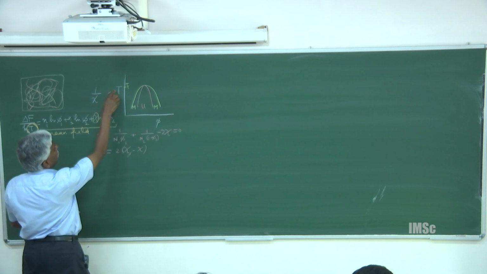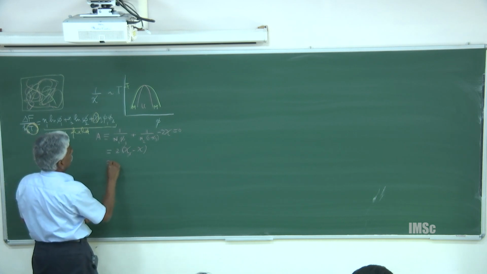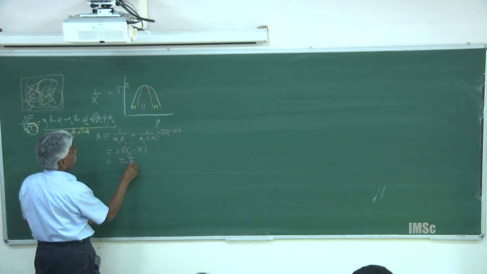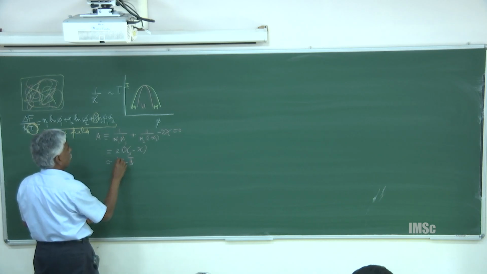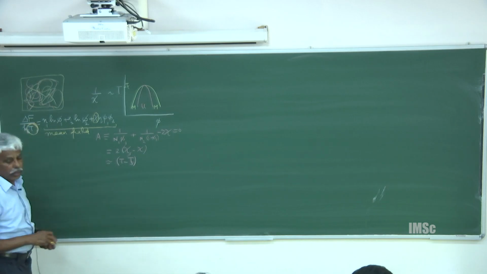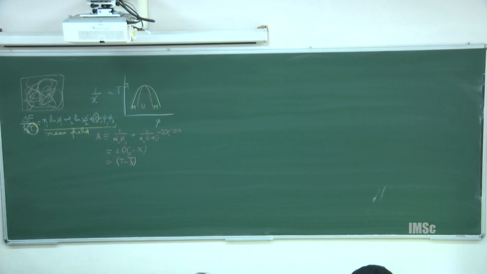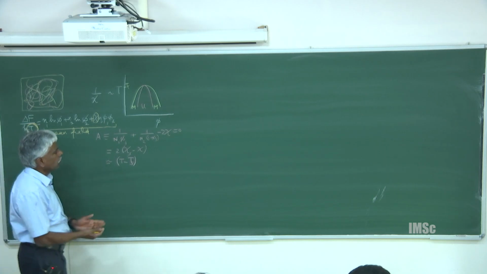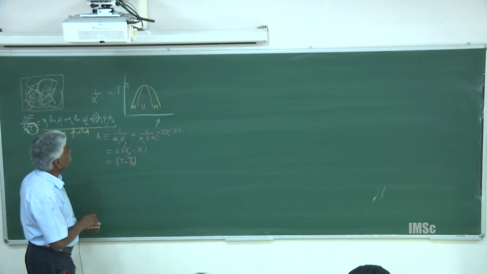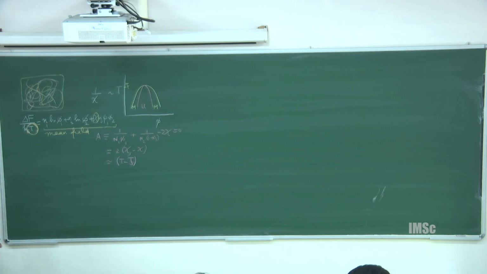Since chi is the reciprocal of T, this went like T minus T spinodal. That's the way it went. So A is like a quench depth, or the temperature distance from the spinodal point. Okay, that's what we did in the second lecture.